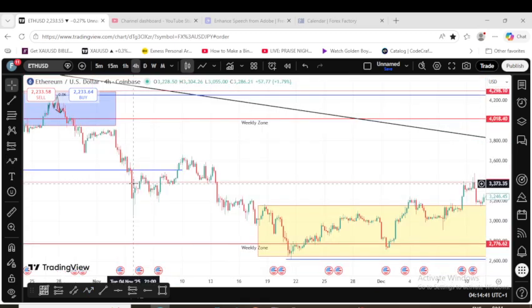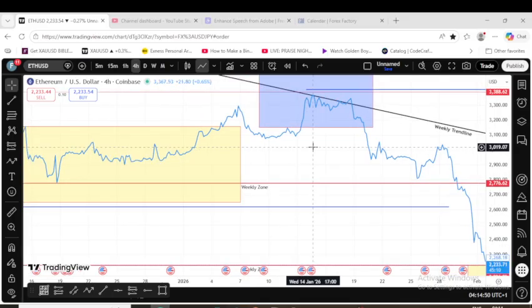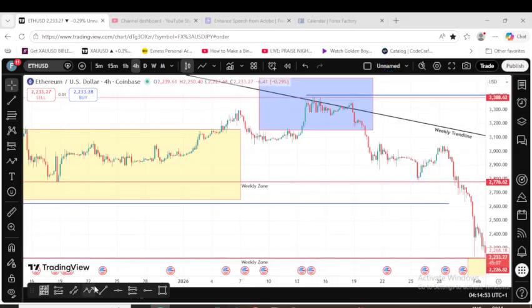Let's go to the third box. The third box doesn't have an M pattern. We have a triple top, which is not very far off from an M pattern. So price went down once, twice. You can call it a triple top, or you can call it head and shoulders.